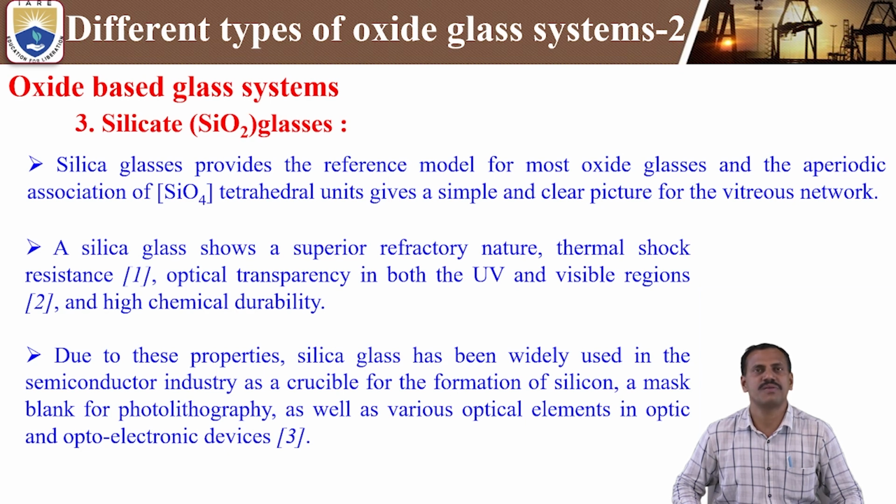A mask blank for photolithography also uses silicon dioxide based glass, as do various optical elements in optical and optoelectronic device applications. It is one of the prominent glass systems for industry applications.